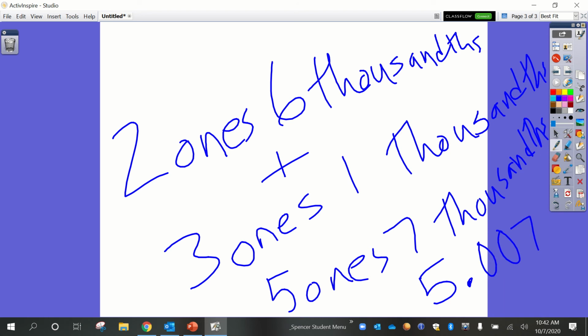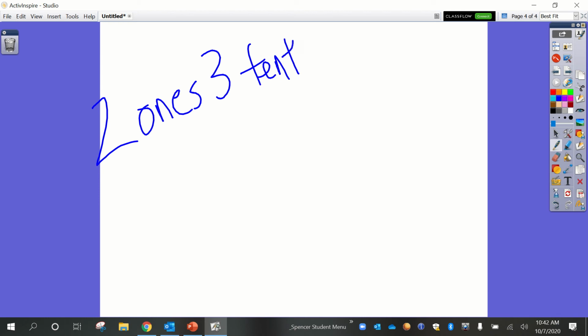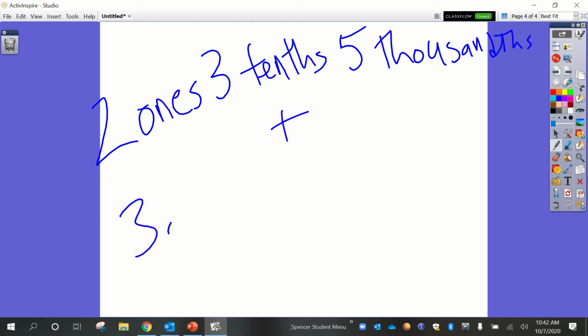Okay. Let's do one more with unit form. This time I'm going to make it a little bit more challenging, so let's see what you got. Let's do 2 ones, 3 tenths, 5 thousandths. And we're going to add that to 3 ones, 6 tenths, and 4 thousandths.